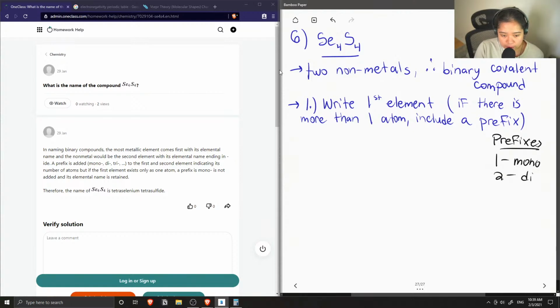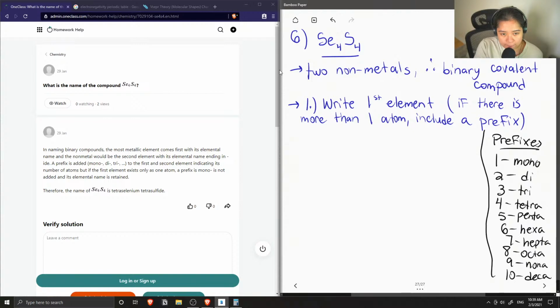When we have 2, we use di. 3 is tri. 4 is tetra. 5 is penta. 6 is hexa. 7 is hepta. 8 is octa. 9 is nona. And 10 is deca. Okay, so these are all the different prefixes that will be helpful in naming these compounds.